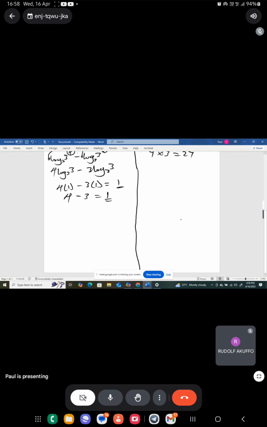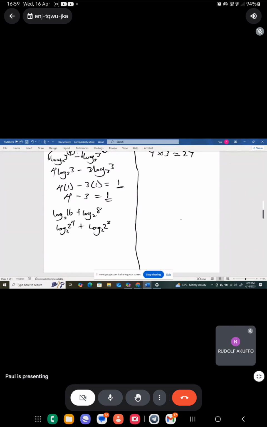Let's take another question. When you are given log 2 of 16 plus log 2 of 8, you know 16 will be log 2 to the power 4 base 2 plus log 2 to the power 3 base 2.